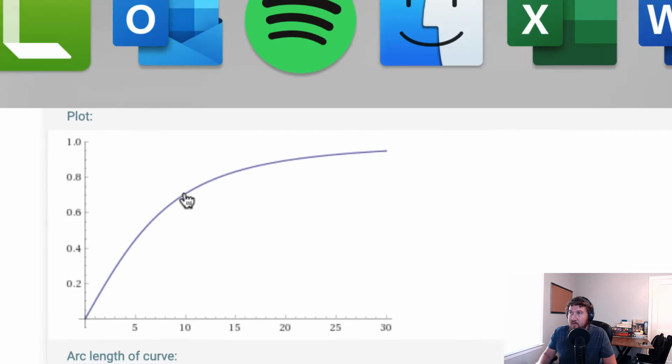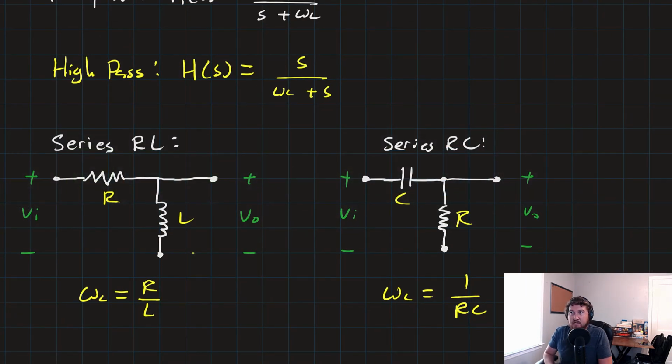And that's honestly all there is to it for high-pass filters. It's just low-pass filters but flipped over, and we're taking the output off the other element. But the cutoff frequencies remain the same, R over L for the series RL, and 1 over RC for the series RC. So let's go ahead and move on now to bandpass filters, which are a little bit more interesting, but actually not that much more complicated.